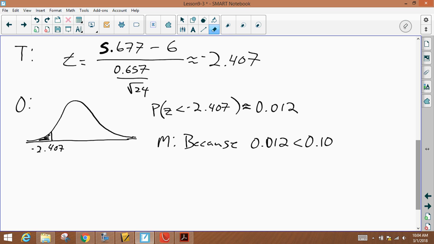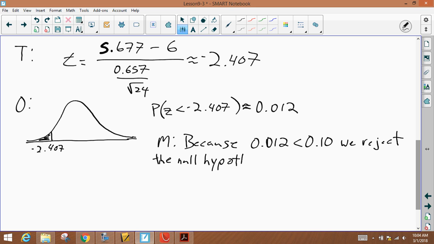And I did start a sentence with because, but oh well. We reject the null hypothesis at the alpha level, 0.10. Yay, we made a decision.